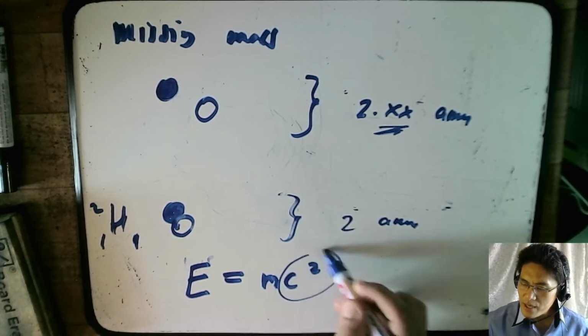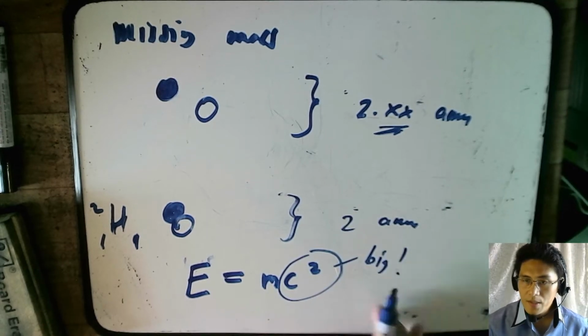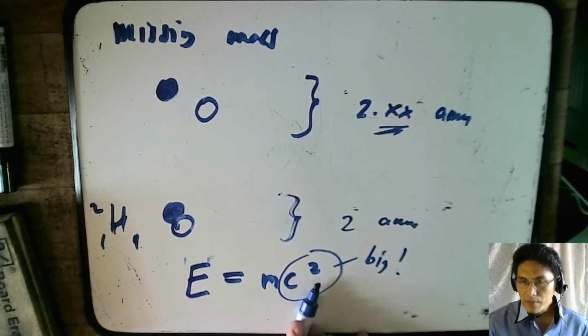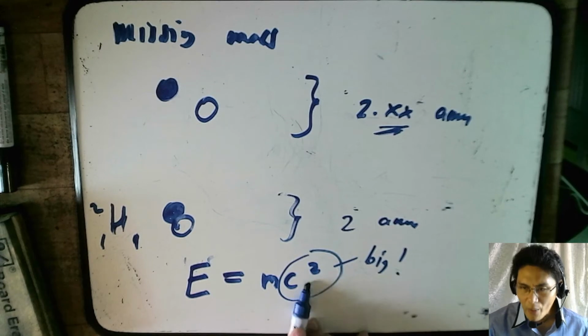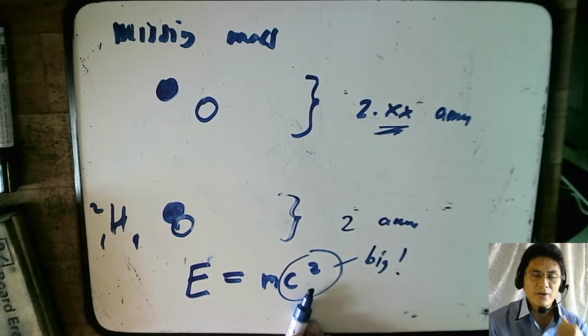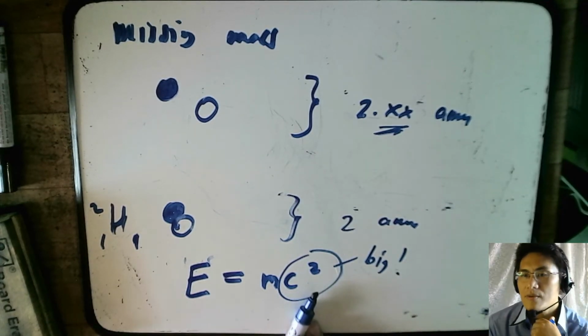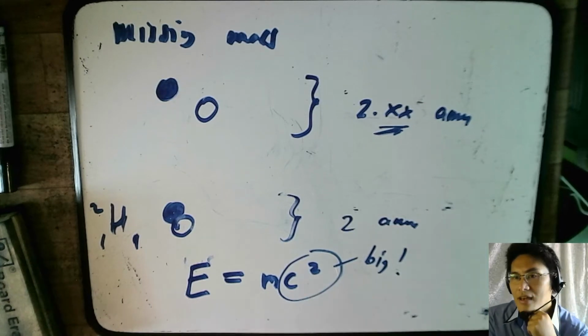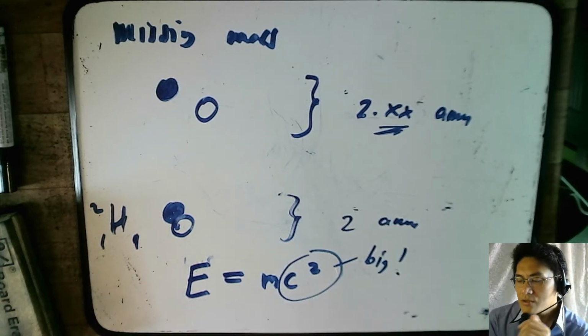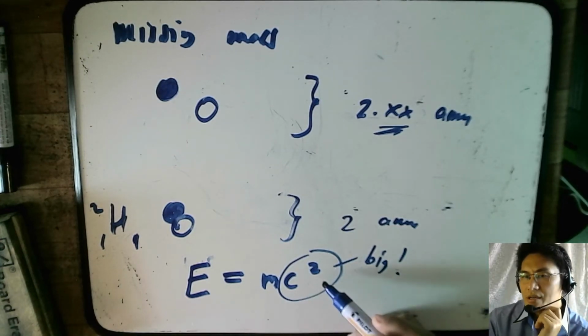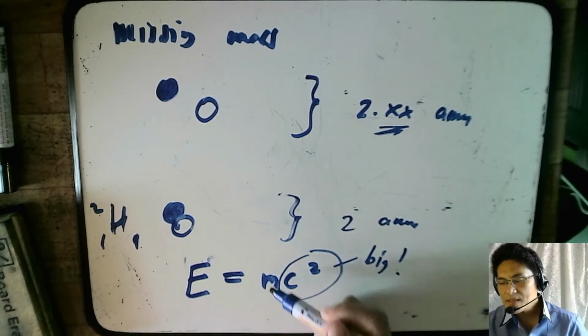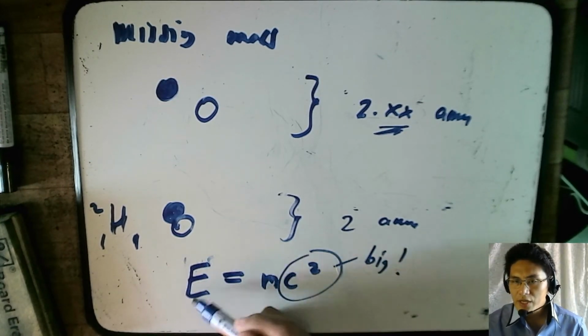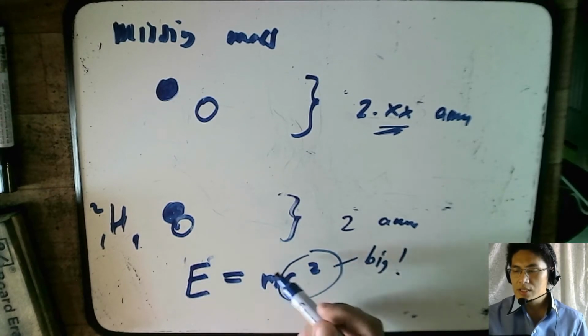So this is already a big number, and then you square it, 3 times 10 to the 8 times 3 times 10 to the 8, so it becomes an even bigger number. You multiply that with the mass, you get an amount of energy. So it's a calculation thing.